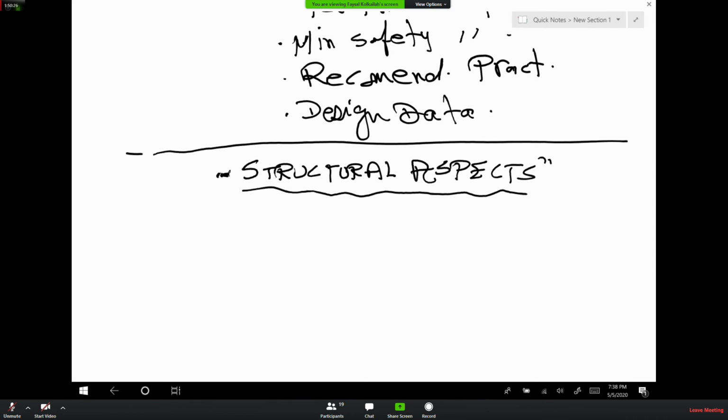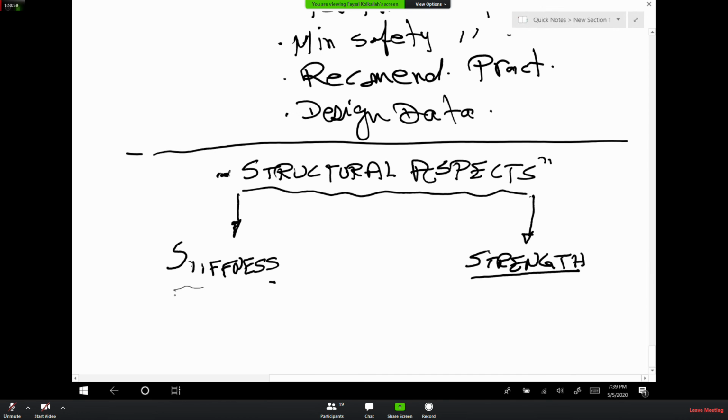As you and I said, we agreed that there are two structural aspects: stiffness and strength. These are the two we need to talk about. The strength, which is the stresses, and the stiffness.